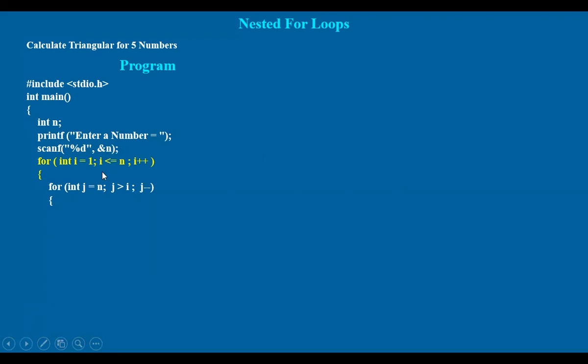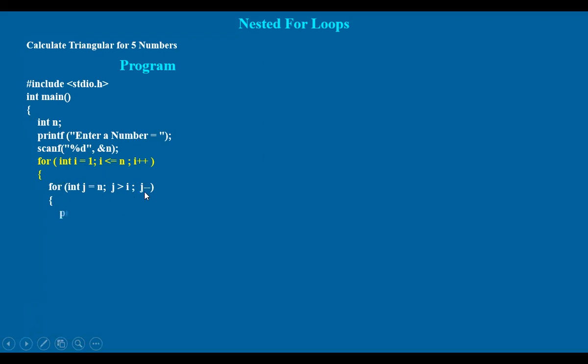So J is initialized with 5 and this loop continues while the value of J is greater than I. That is greater than 1 here. I is 1. So it continues until this value changes. So J is decremented here. J minus minus. Every time it enters, J decrements.